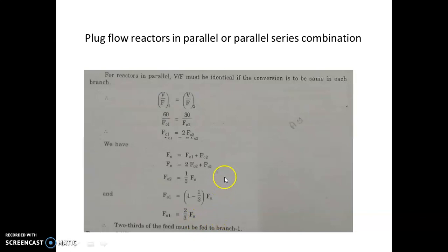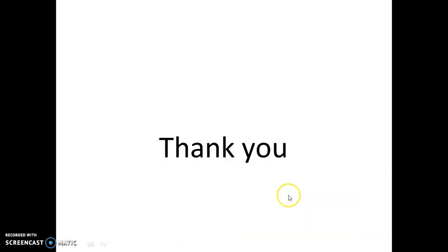So that means 2/3 of the feed must be fed to branch 1 and 1/3 of the feed must be fed to branch number 2, F02. So actually the answer for our problem is given here. 2/3 of the feed must be fed to branch 1. Thank you.